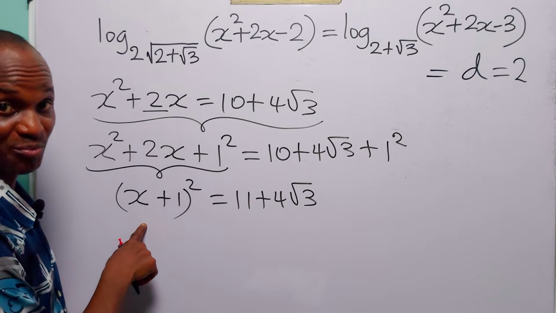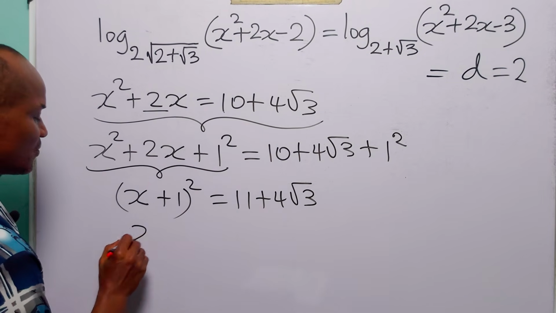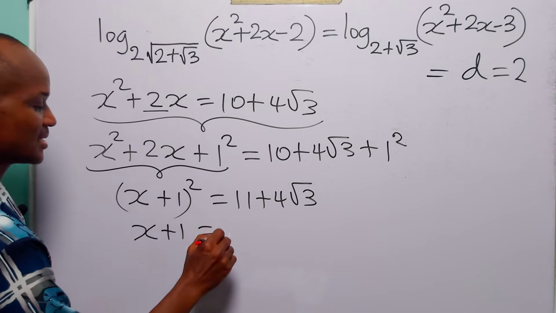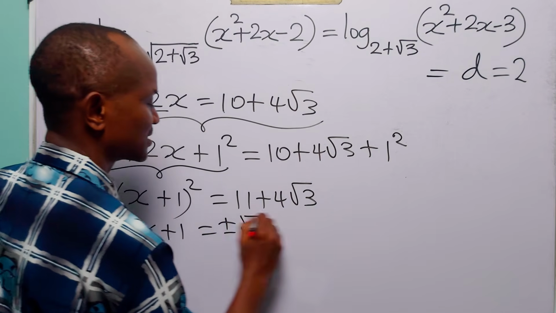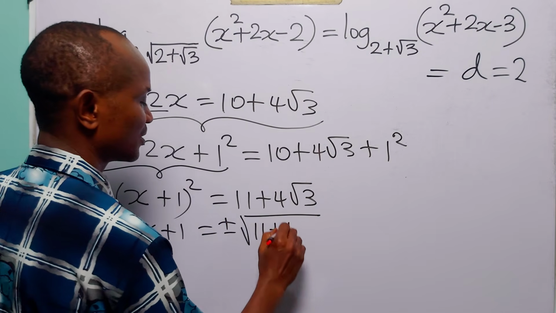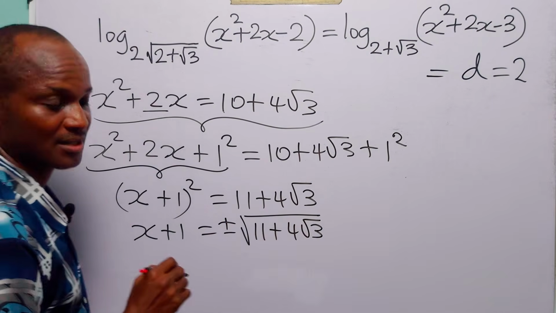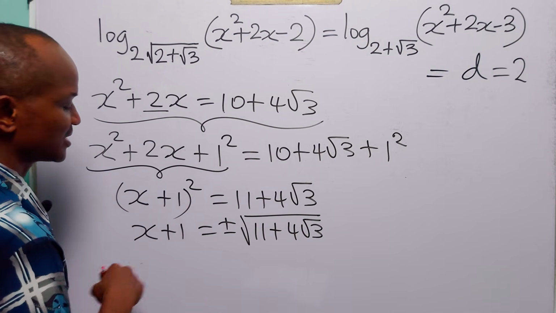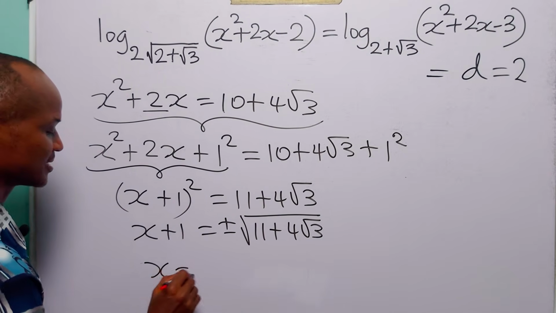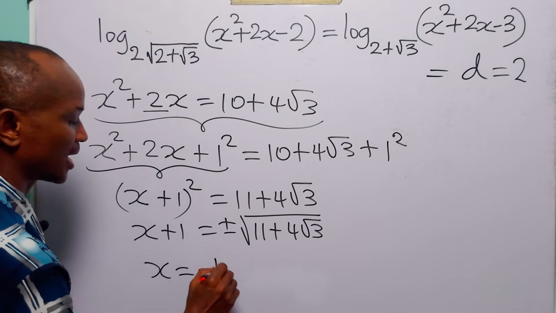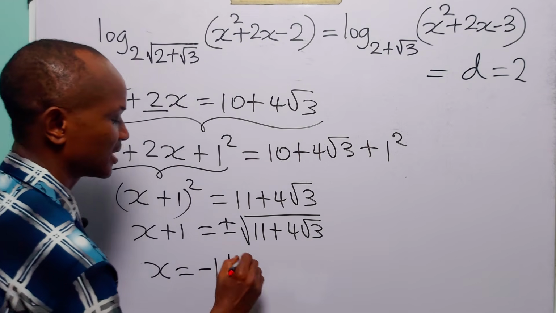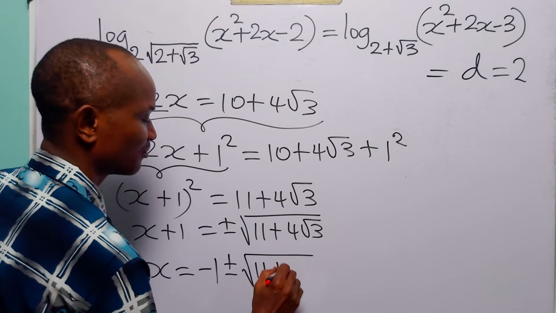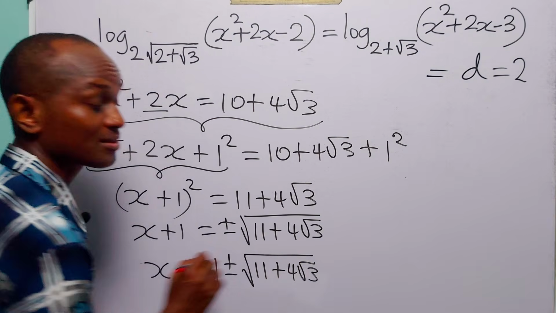Now we take the square root of both sides of this equation. When we do that, we have that x plus 1 is equal to plus or minus the square root of 11 plus 4 root 3. And of course, when we subtract 1 from both sides of this equation, we have that x is equal to minus 1 plus or minus the square root of 11 plus 4 root 3.